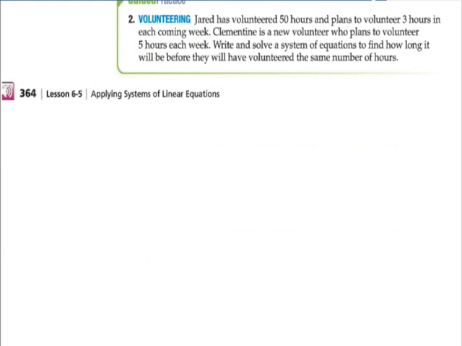So what we want to do is set up something for Jared and Clementine for volunteering. Okay, so let's take a look here. First we have Jared with 50 hours, and he plans to volunteer 3 hours in each of the coming weeks. So we can write for Jared, his total hours are going to be the 50 he already has, plus 3 hours each week. Now if you don't want to use X and Y, you don't have to.